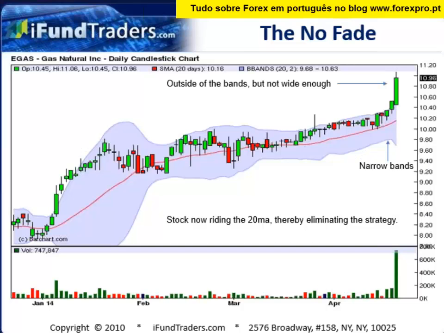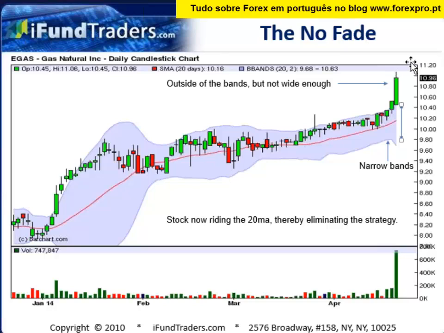Here. This is an example of what we don't want to fade. You do not want to fade or go against an outside bar that occurs with narrow Bollinger Bands. The bands are rather narrow here. These moves can continue.